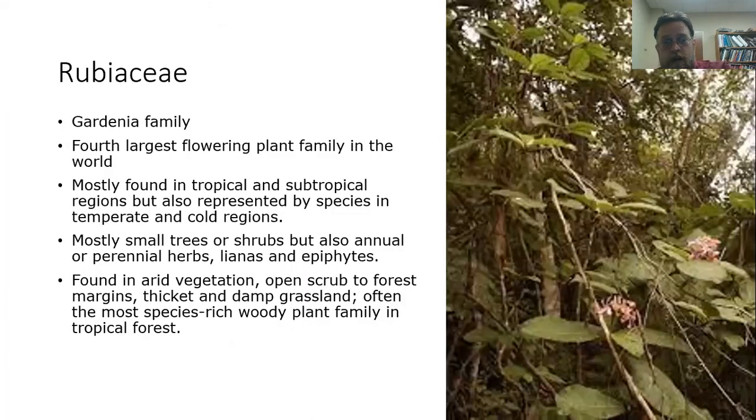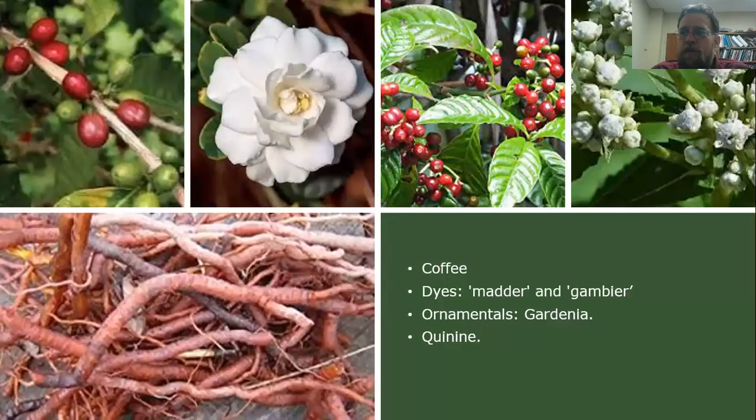Another important group of plants are the Rubiaceae, the Gardenia family, the fourth largest family in the world. Most of these are tropical and subtropical, though there are a few species in cooler areas, mostly small trees and shrubs found in all sorts of different environments. Some really important members of this group, of course, absolutely critical for me, coffee is a member of this group.